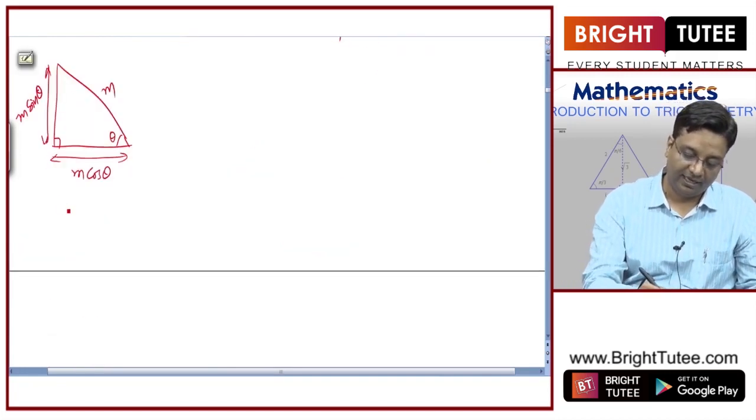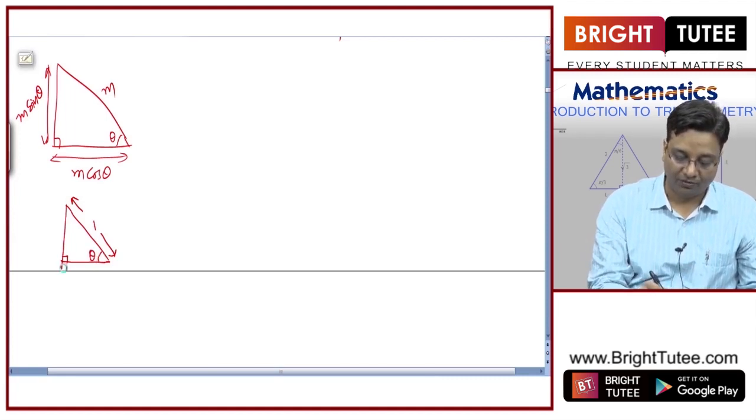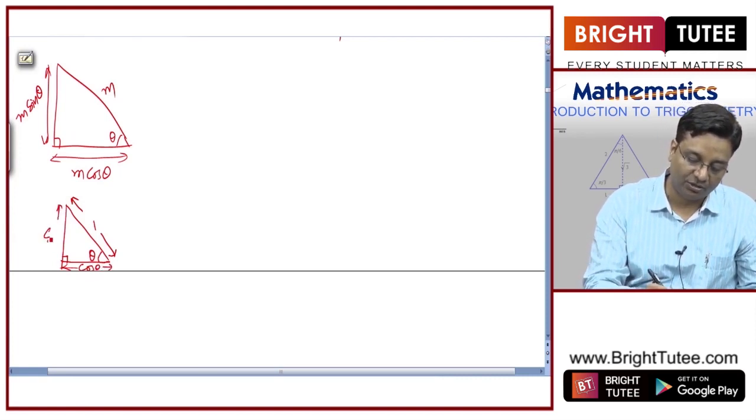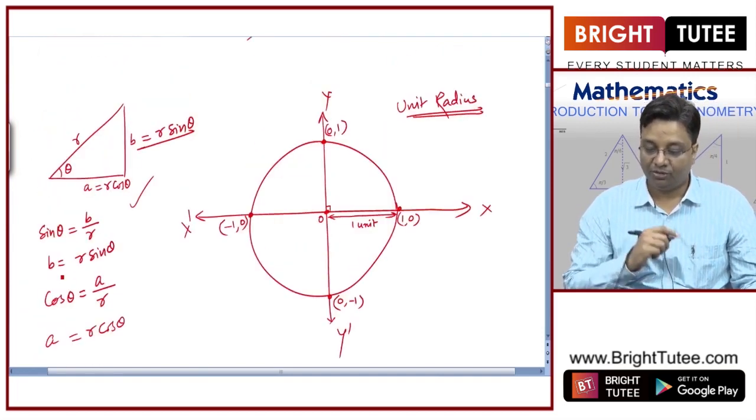Okay. And if I tell you that this side is only 1 unit, okay, and this angle is theta, so what will be this side? This will be 1 cos theta, so cos theta, and what will be this side? 1 sin theta, so sin theta, right.